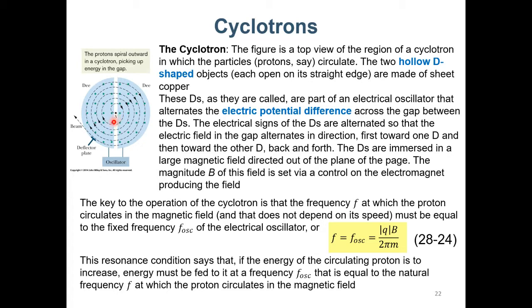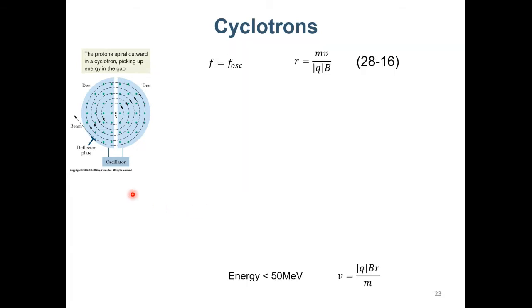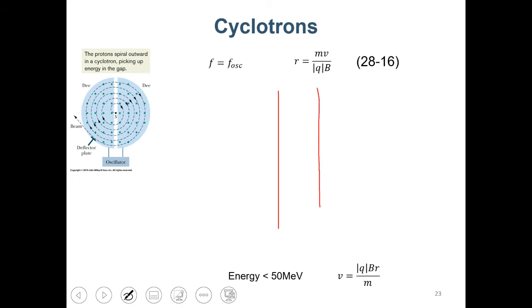But now we just make some changes. So now we make it like this. In the middle, we have a small gap. At the very beginning, the velocity points to the left side.